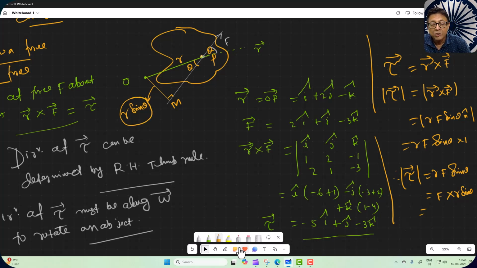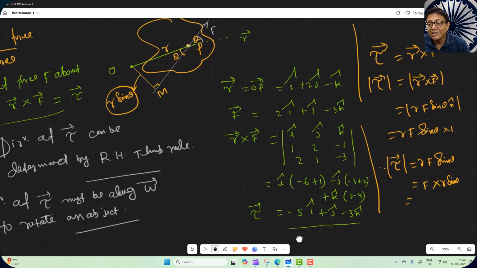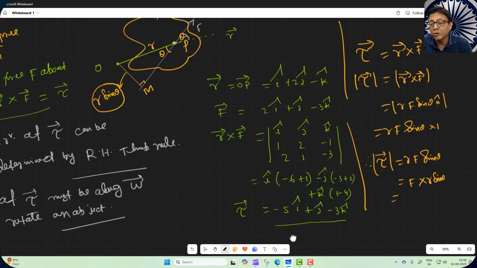Okay? So, torque is F into R perpendicular. This R perpendicular is OM. Its length is R sin theta.